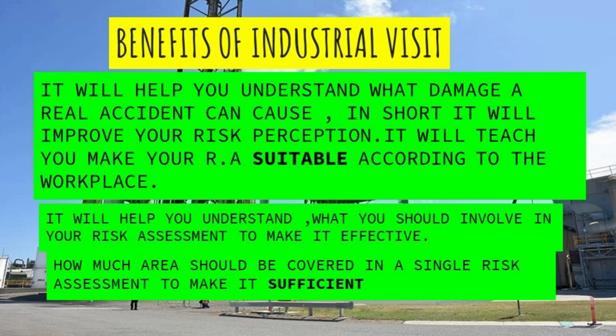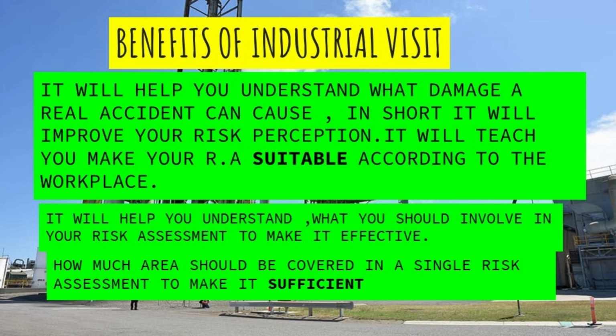now when you are visiting an industry, of course there are five basic steps when it comes to creating a risk assessment. But that's not all, right? In different factories, in different industries, there are different types of hazards.